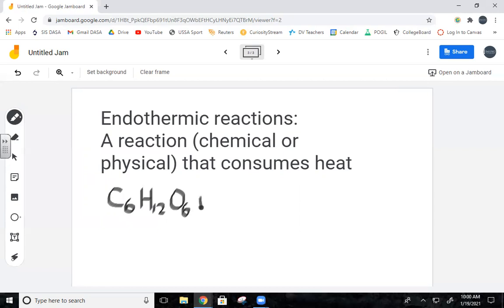So this is glucose. When you do glucose plus water, plus heat, remember heat is the reactant in this case, you get hydrogen, H2, plus carbon dioxide.